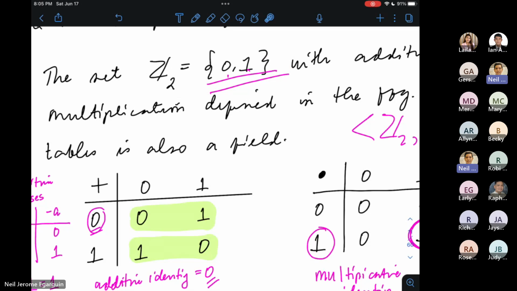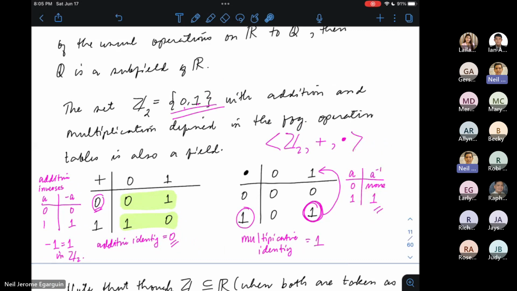Hindi natin siya tinitreat as a subset of R kasi algebraically, iba yung 0 na to dun sa 0 ng real numbers. Iba yung 1 na to mula dun sa 1 ng real numbers, and they behave differently because they are governed by different operations. So nagkataon lang na parehas yung symbols nito dun sa 0 at 1 na nakay R. Pero we'll talk more about that later. I just want to show kung kailan hindi nagkakaroon ng subfield. Okay? All right, questions?